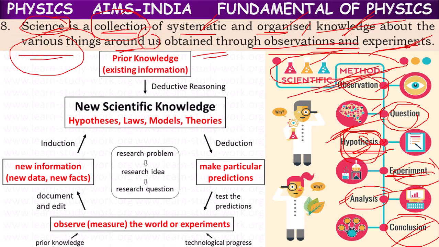In this way, we collect knowledge in a systematic, organized way about the happenings around us. With prior knowledge, meaning existing information, with the help of hypotheses, laws, models, theories, we gain some new scientific knowledge.